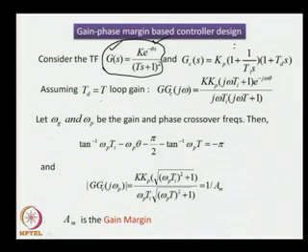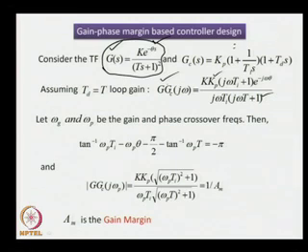Assuming Td equal to T, the loop gain of the closed loop system can now be given as G G_C(j omega) equal to K Kp times (j omega Ti plus 1) times e to the power minus j omega theta upon j omega Ti times (j omega T plus 1).